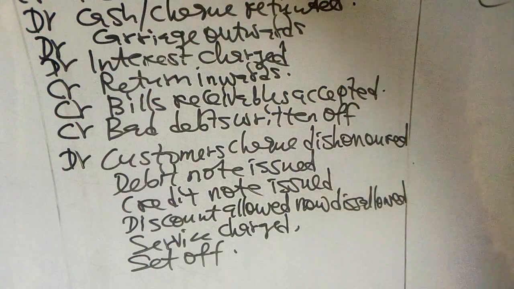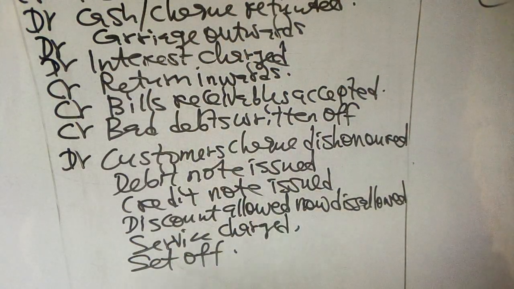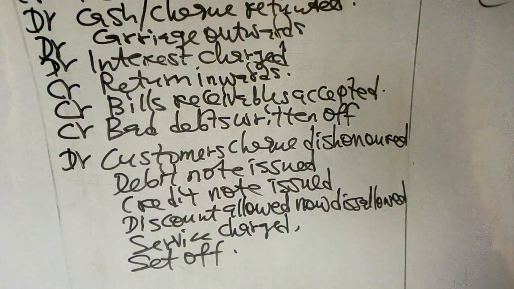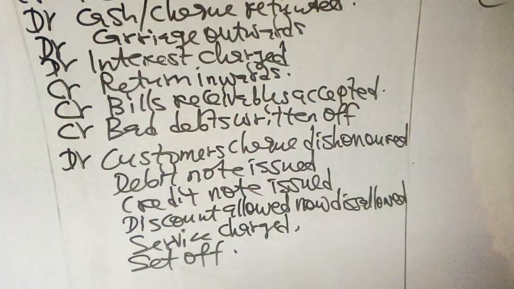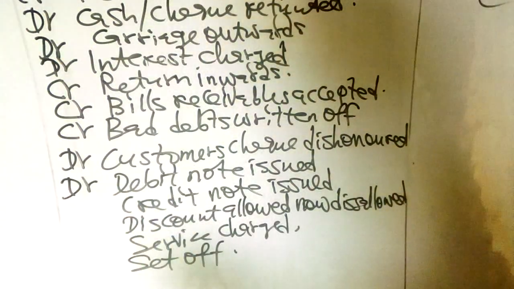So the total was undercast, and you later discover maybe the amount was supposed to be $20,000 and you mistakenly added it to be $19,000. That means you are assuming that the customer is owing 1,000 less. You send a debit note to the customers. So in that case, the amount the customers were owing will increase. So you debit the debit note issued.